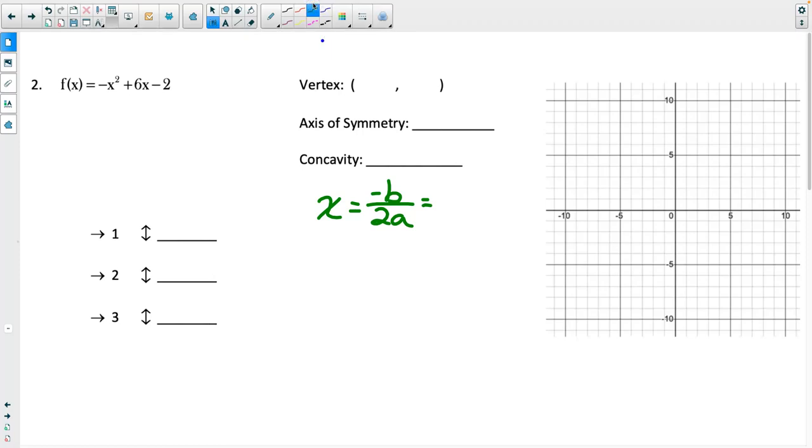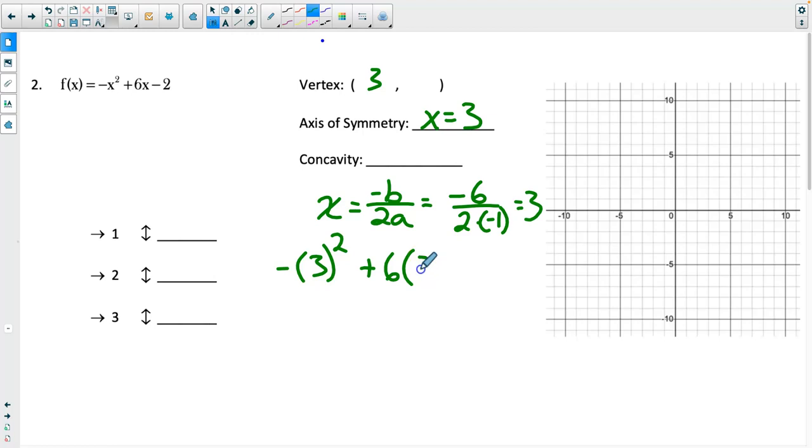What do we get for the axis of symmetry? We get 3. Perfect. I'm also going to put that for my vertex as well. And then let's go ahead and calculate. Watch the sign on the square. It should be on the outside of the parentheses.